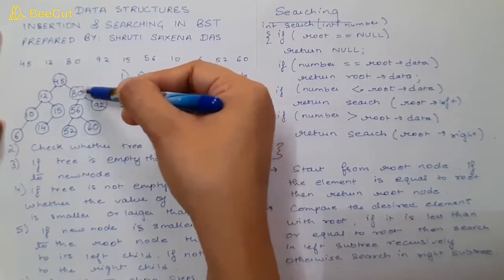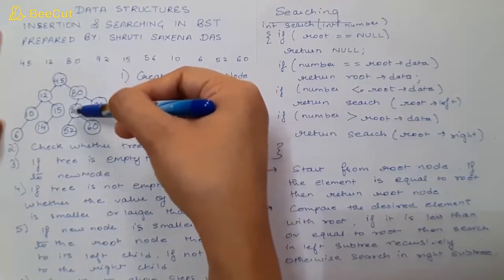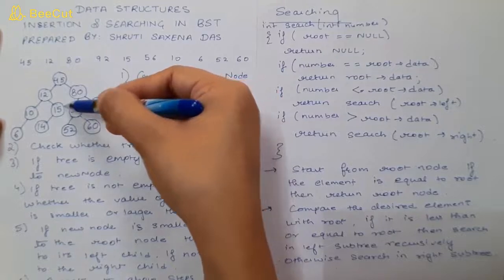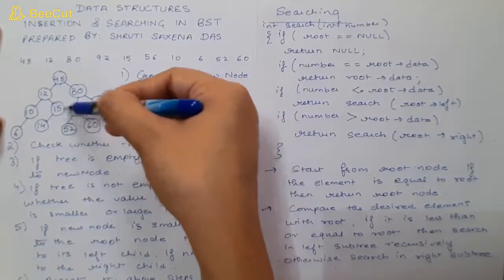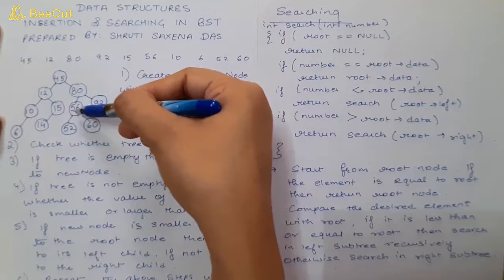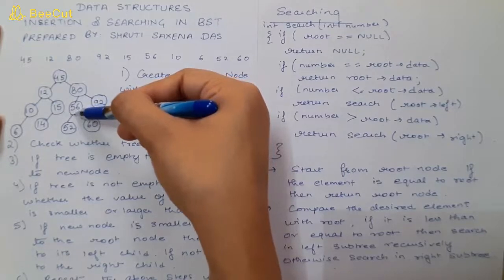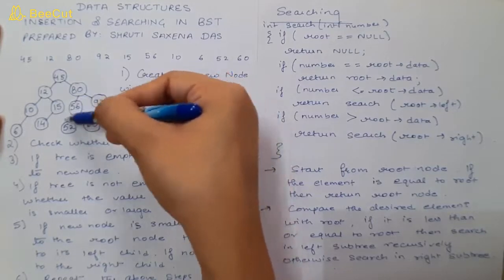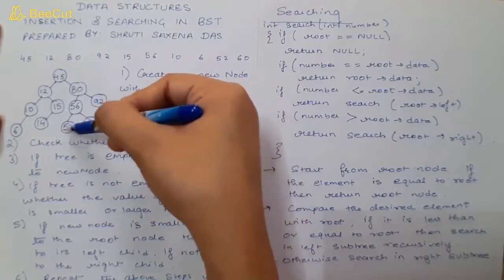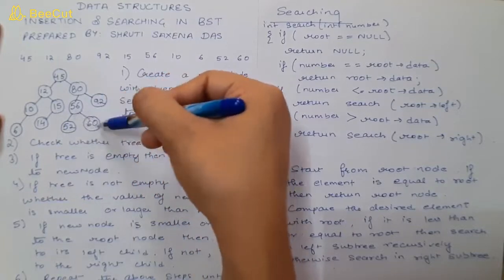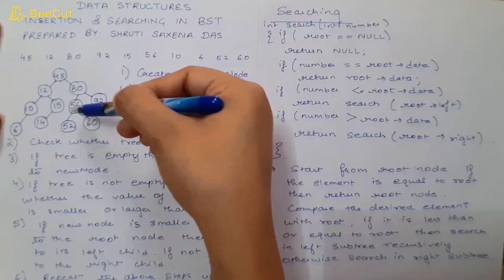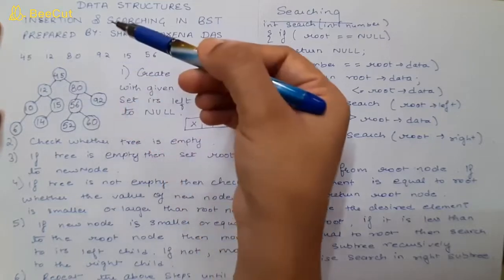As 56 is smaller than 80, we need to search only in the left subtree of 80. Now here we'll find 56. It is the root node of this subtree, which has 52 as the left and 60 as the right. So 56 will be found and it will be returned.